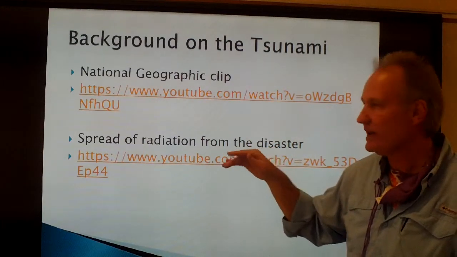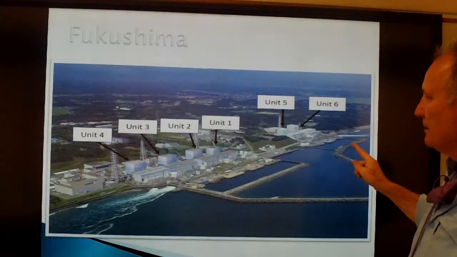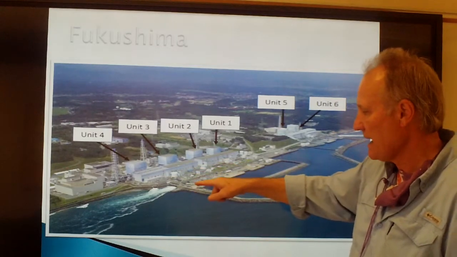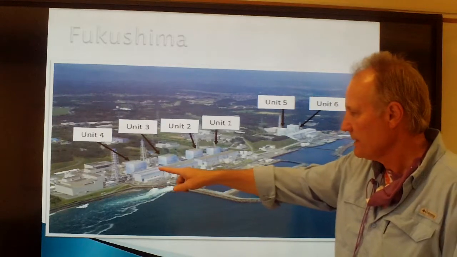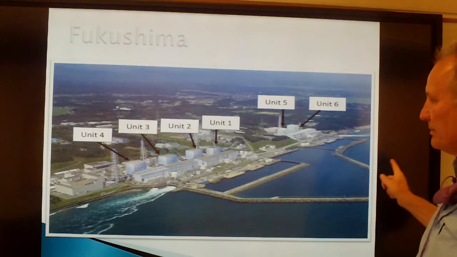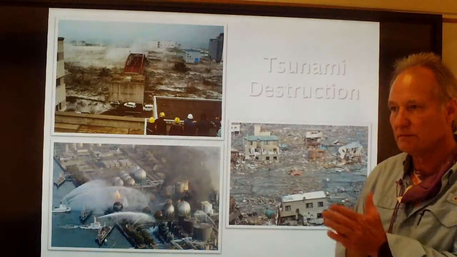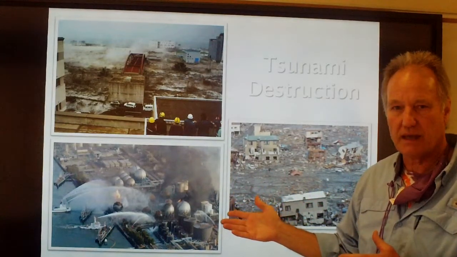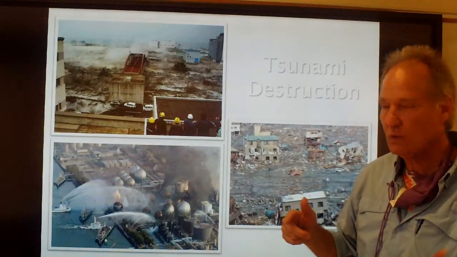Here's why these things are changing. Because of the tsunami, take a few minutes and watch those videos, but at Fukushima, which was a nuclear reactor in Japan, here's their cool water exchange. This was right on the coast, and they had 6 basic units set up until there was a shift, an earthquake off the coast of Japan, which then sent a tidal wave to Japan.